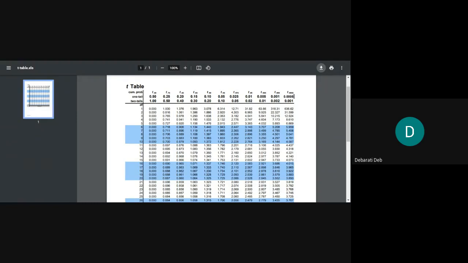And 0.005 or 0.01, the third one from the last, is the 1% level of significance. The fifth one from the last is the 5% level of significance, that is 95% confidence limit, and the third one from the last is the 99% confidence limit, or 1% level of significance.